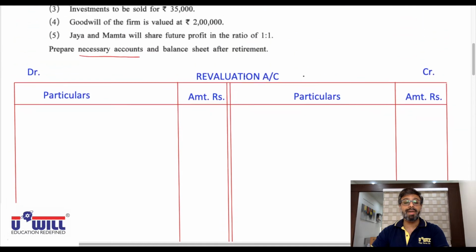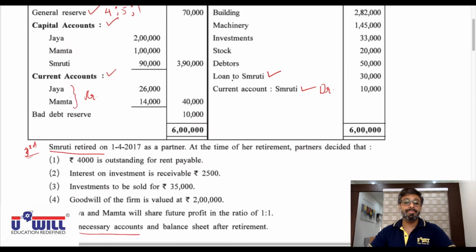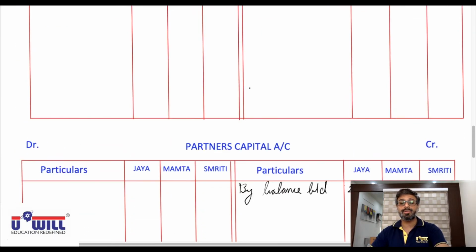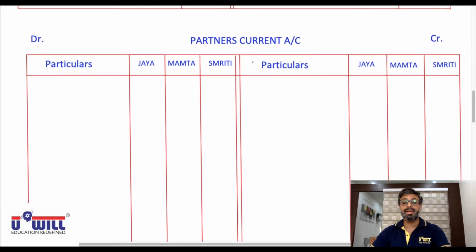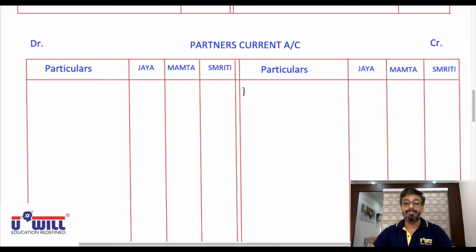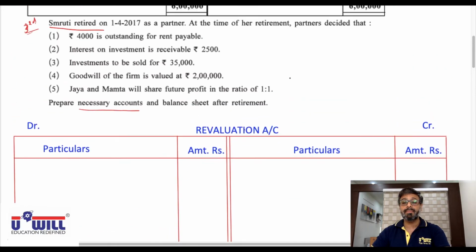After capital account balances, we'll record current account balance. Jaya and Mamta have credit balance. So credit side, liability side means credit balance, 26,000 and 14,000. So partners current account credit side by balance brought down, 26,000 of Jaya and 14,000 of Mamta. They have credit balance. Whereas asset side, Smriti has debit balance.